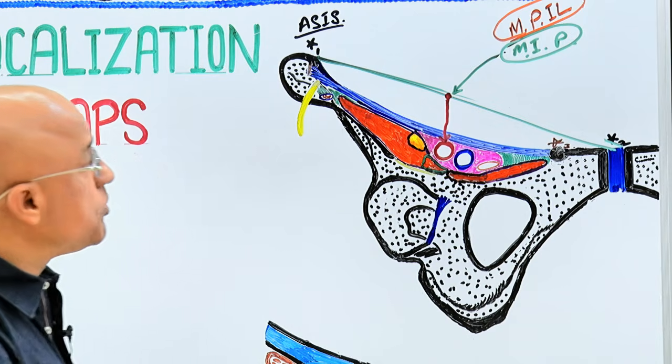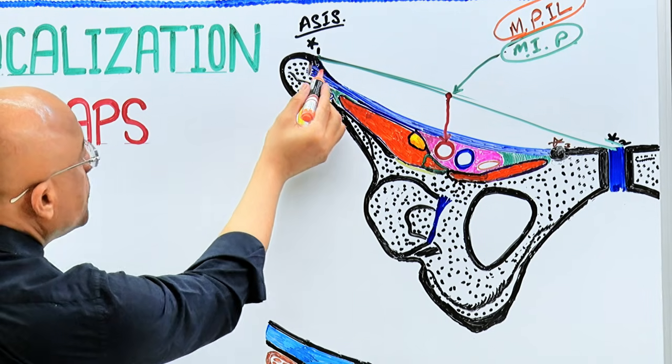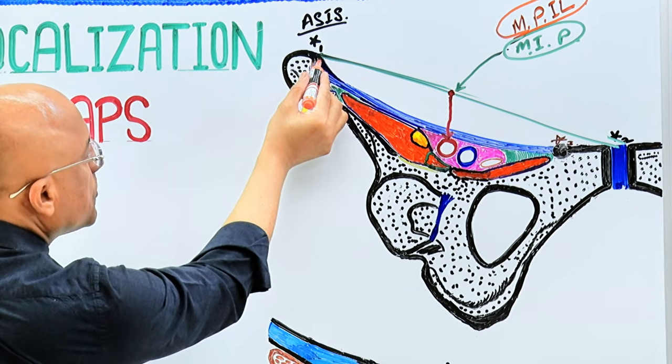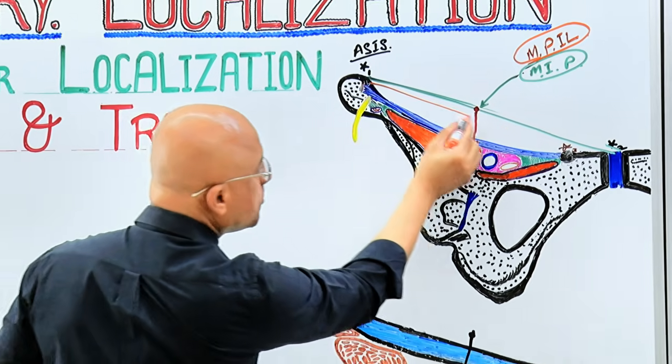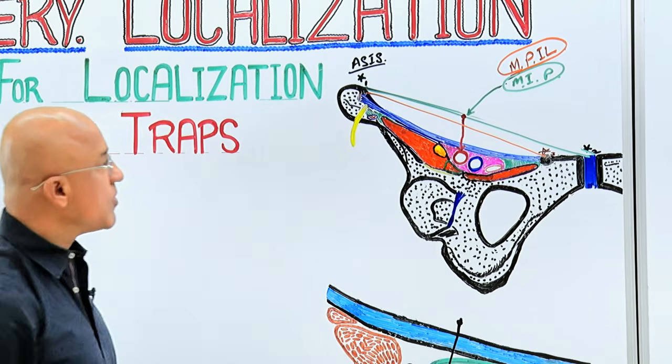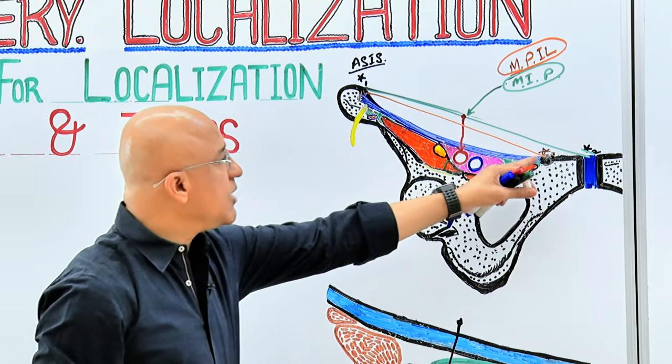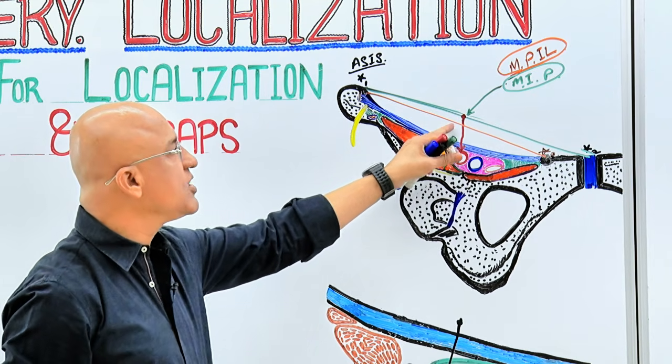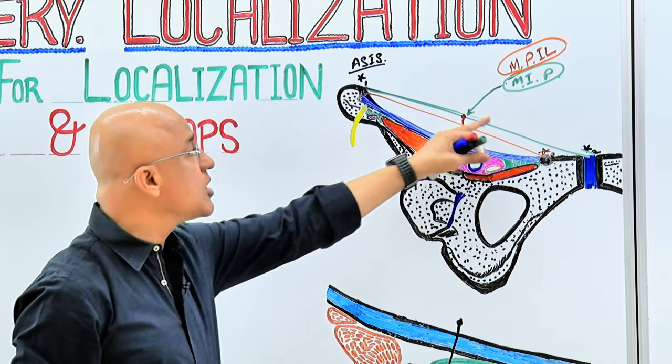This is the pubic tubercle. If we imagine a line between the anterior superior iliac spine and the pubic tubercle, and draw the exact center of this line, not the upper line.